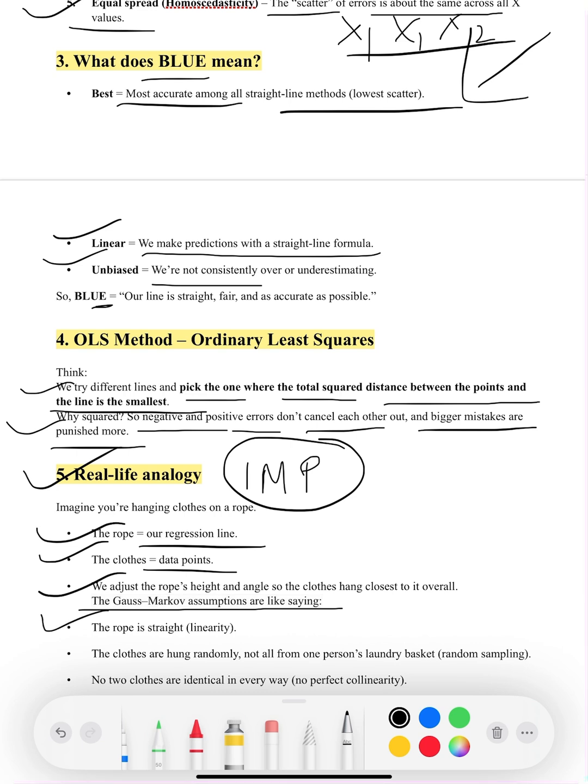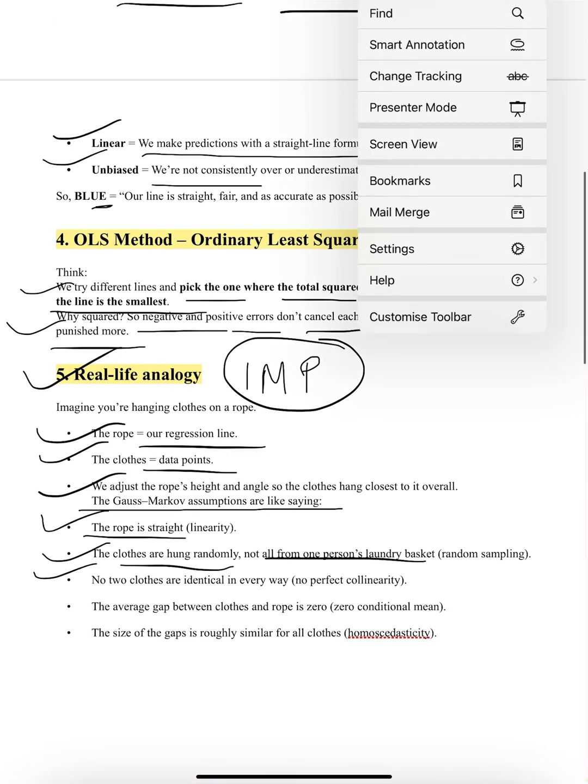Like first is linearity. Rope is in a straight line, which shows linearity. Clothes are hung randomly. That means all clothes do not belong to same person or same person's laundry basket, but they are chosen randomly. No clothes are identical to each other. They will be different in terms of colors, anything, right? So they are not similar in nature.